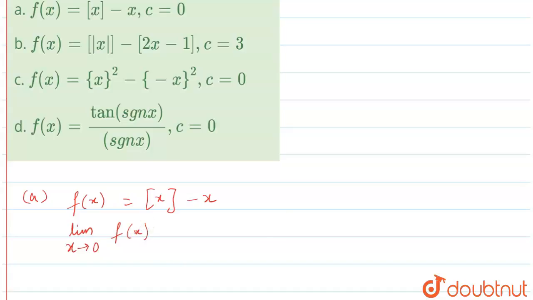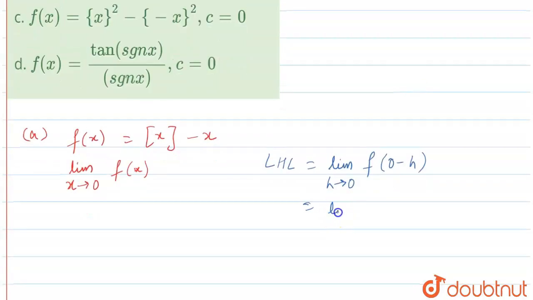Let us start. First of all, we need to find LHL at x equal to 0. So here we can write limit h tends to 0 f of 0 minus h. Then we can write h is a very small positive quantity, so h tends to 0.